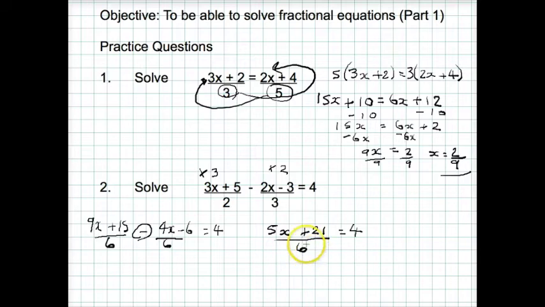So what I've got to do to get rid of this 6, I've got to times both sides by 6. In effect, timesing it by 6 gets rid of it. I'm timesing this side by 6 as well. So I'm now left with 5x plus 21 equals 4 times 6, which gives me 24.